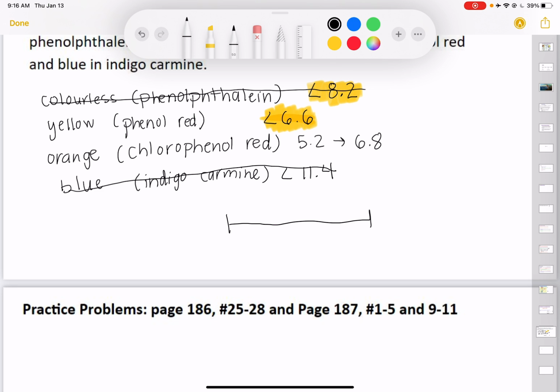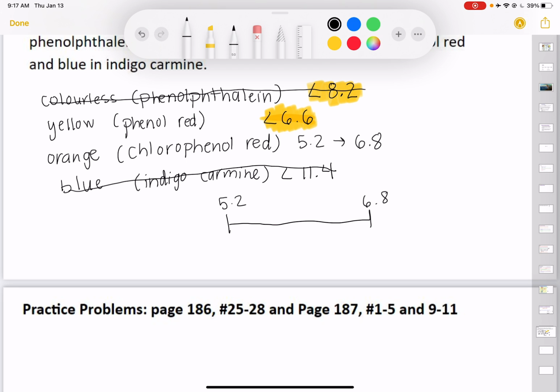So if this was between 5.2 and 6.8, because that's what the chlorophenol red is, if it's orange, we have to assume that it's probably somewhere in the middle. So to figure out the middle, we can go 6.8 minus 5.2, and that's 1.6. So there's a 1.6 range in between there.